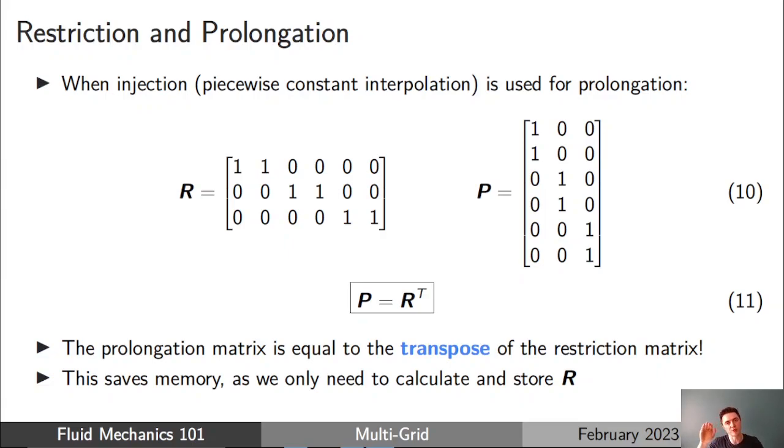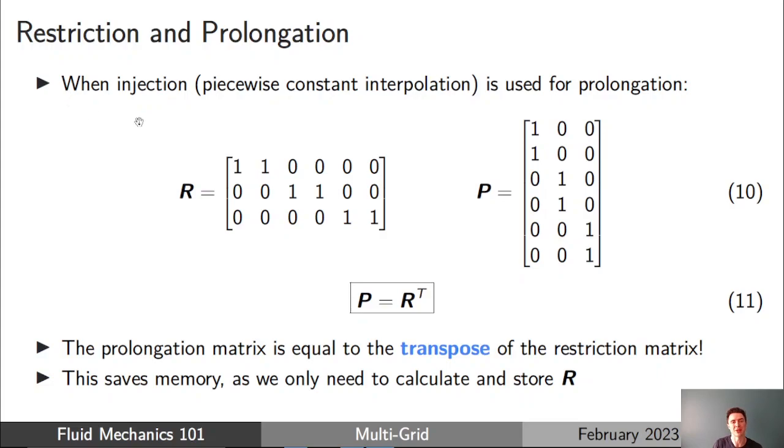Each time we move between a level, moving from an original mesh down to a new coarser mesh, we're going to need a new restriction matrix, because that's going to tell us which of the new cells are being combined together. So we're going to have lots of different restriction matrices, one for each of the levels. And by having this result available, we don't need to calculate and store the prolongation matrix.